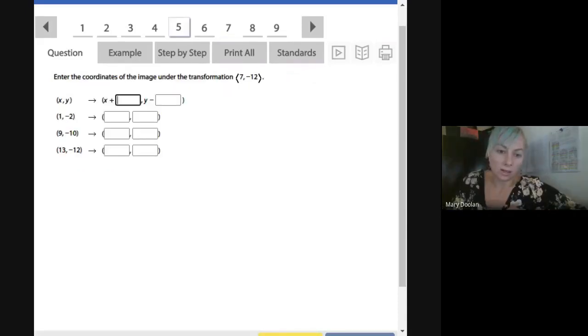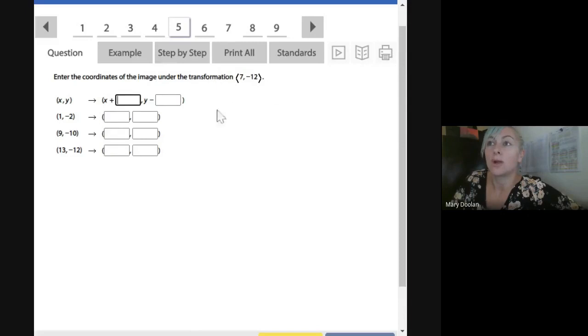Enter the coordinates of the image under the transformation. Okay, so the first ordered pair, x, y, is the very general rule, and basically what it's doing is it's taking vector notation, where it's like pointy brackets, and we're changing it into where we have the smooth parentheses.